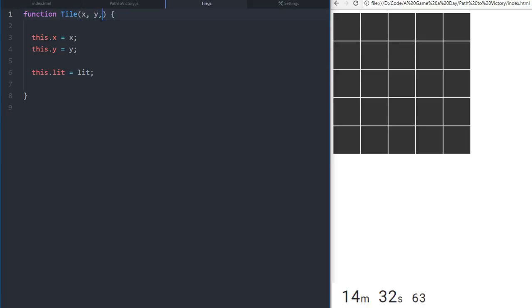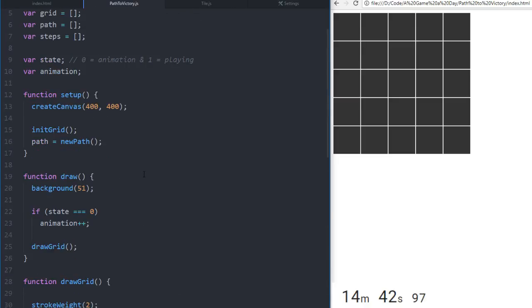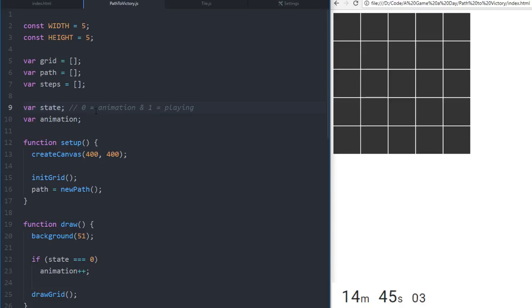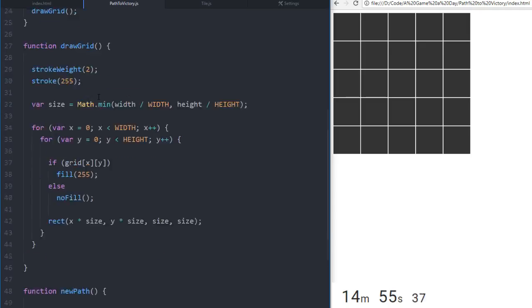So if it's illuminated or lit, then we draw it as so. So then we don't need to worry about our grid. We don't need to worry about path. I don't think we need steps either.